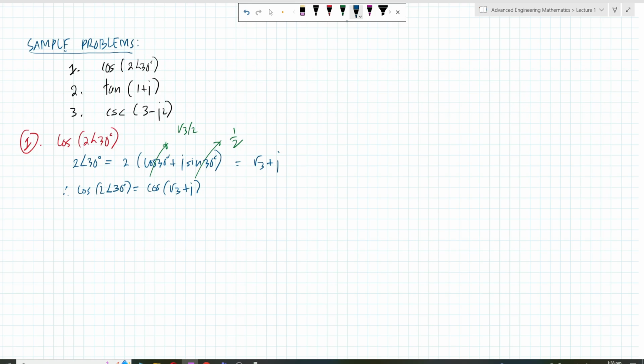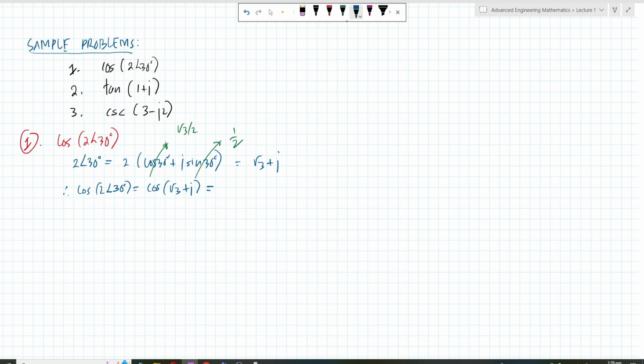Ang pinakita ko lang doon kung ano yung gagawin nyo if you encounter the sine and cosine of some sum or difference. Ang gagawin mo lang dyan is to write the sum and difference of product. So, cosine.